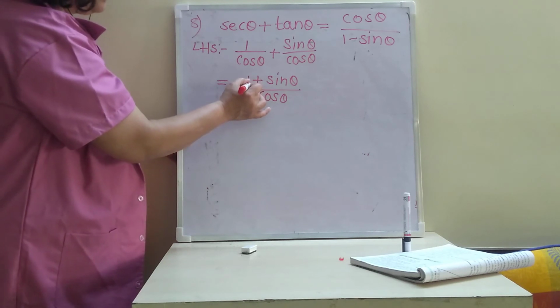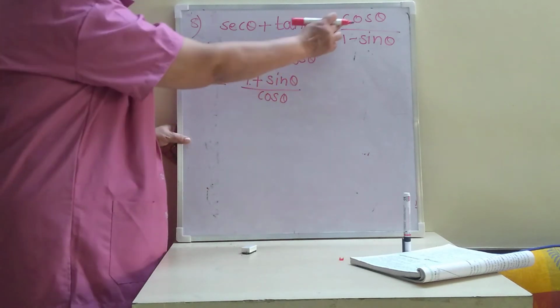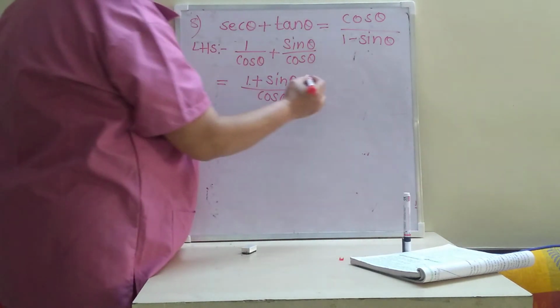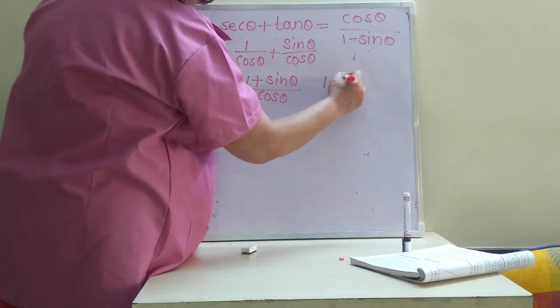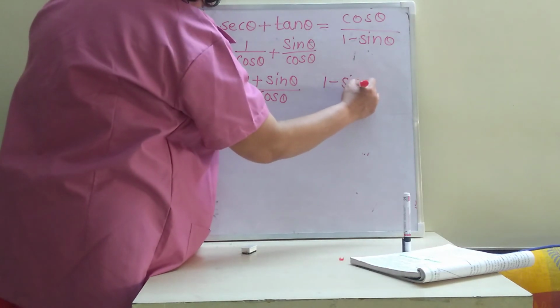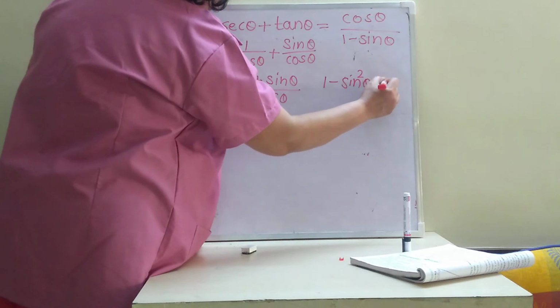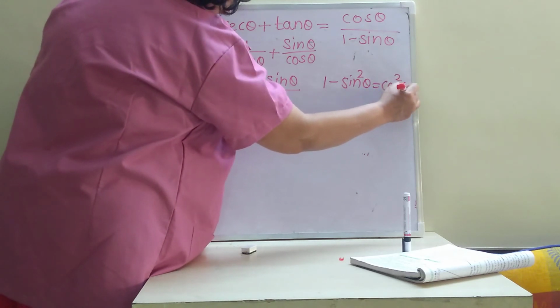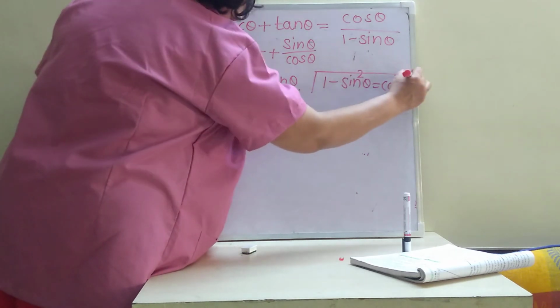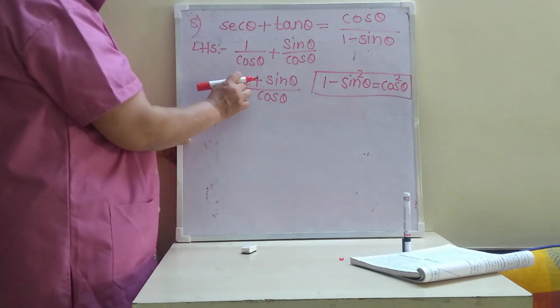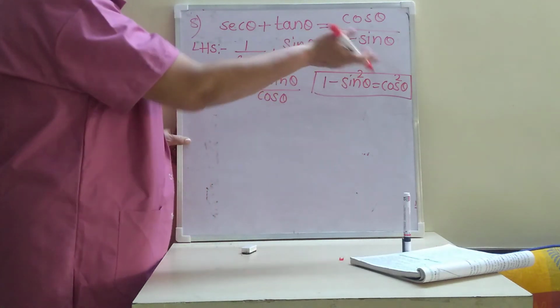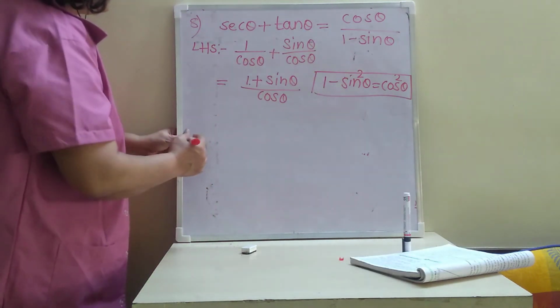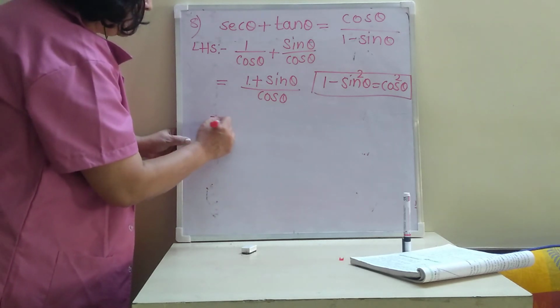Now if I want to convert this 1 plus sin theta to cos theta, what is the identity? So I have to write it as 1 minus sin square theta is equal to cos square theta. If I am able to write this into this format, then my work is over. So what to do now here? What is the next thing?